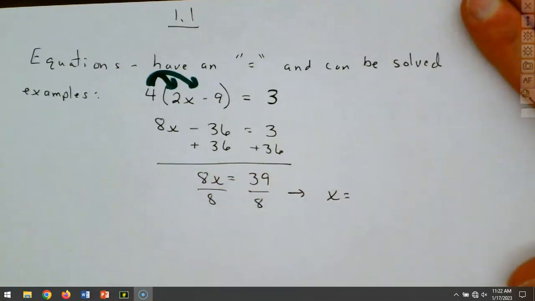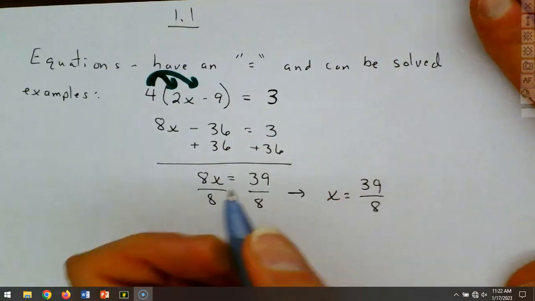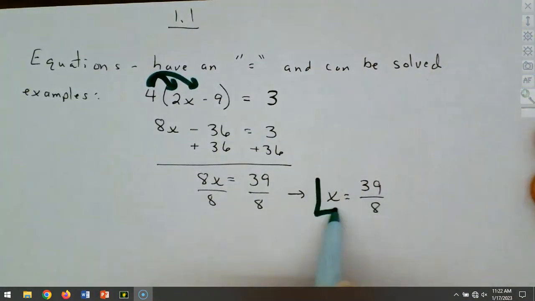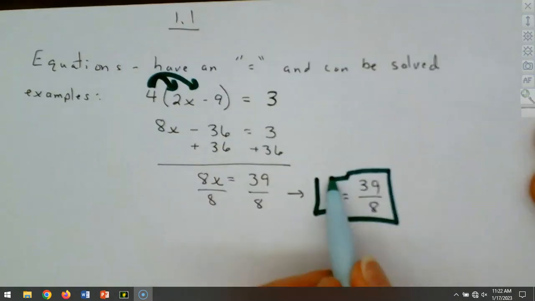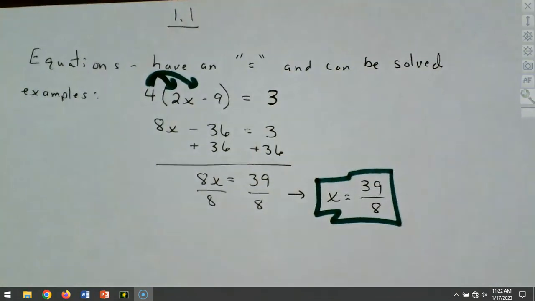We have x equals 39 over 8. We're going to leave this as a fraction. The only time you use decimals is when the question has decimals. Otherwise, you'll keep the fractions. And that's not going to reduce down. If it reduced down, we would reduce it down.